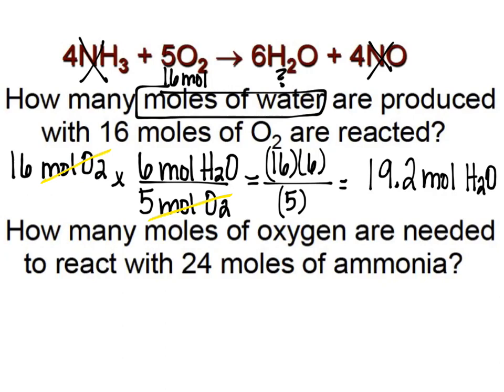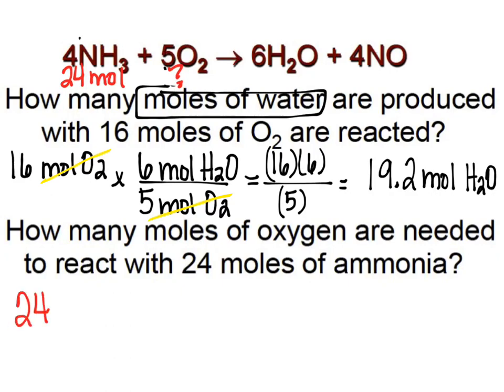We're using the same equation from up above, so I'm going to go back and erase my X's over here and my information up here so that I don't get confused. How many moles of oxygen are needed to react with 24 moles of ammonia? So that means now my oxygen is my unknown, and I have 24 moles of ammonia. So where do I start?